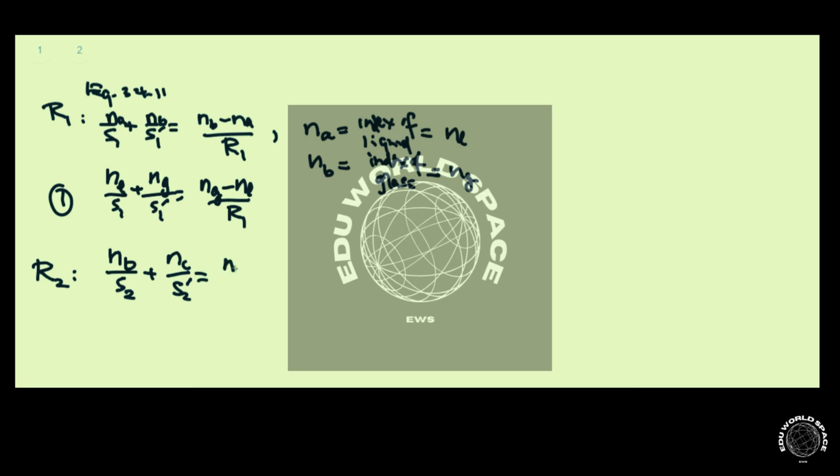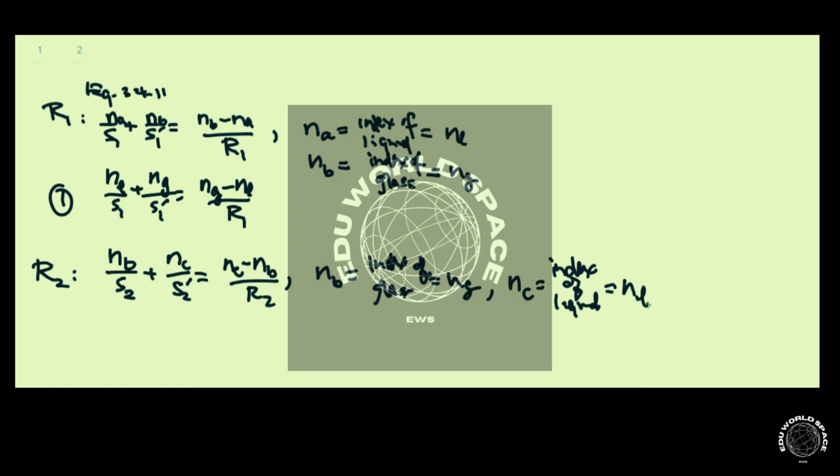And that's equal to NC minus NB over R2. Now, NB we already know. NB is the index of glass, and that's NG. And since we're in the same liquid, the light is going to exit into the liquid. So NC will be the index of liquid, which is NL. So NA and NC are both NL because the glass is fully submerged in this liquid.